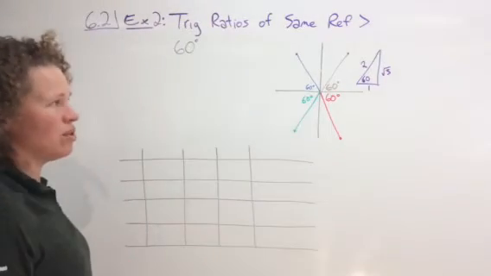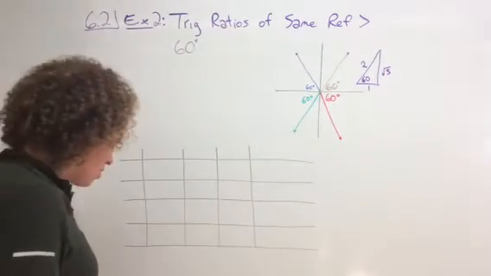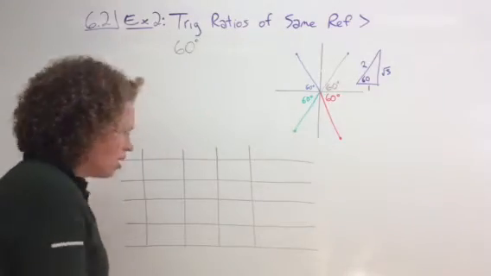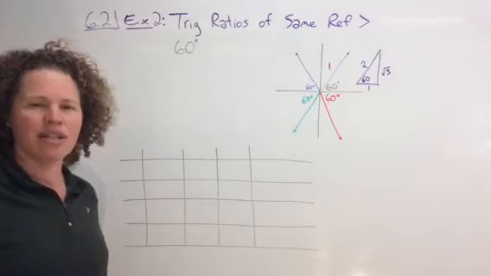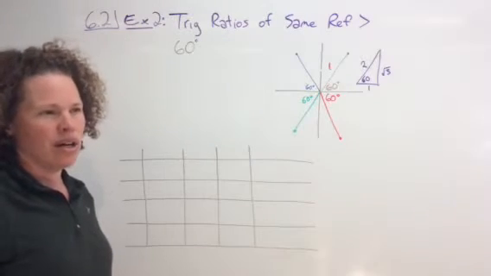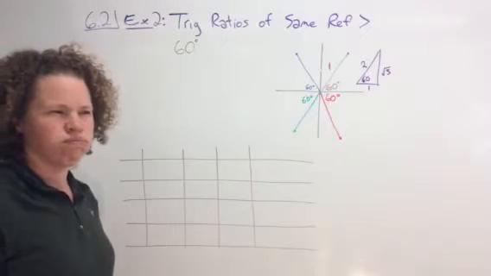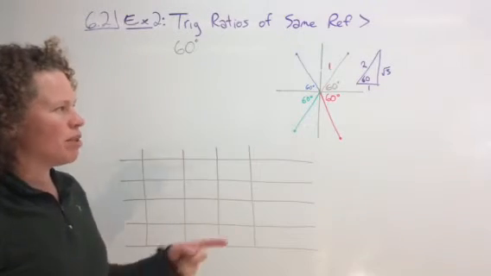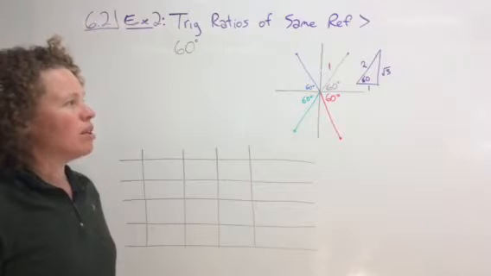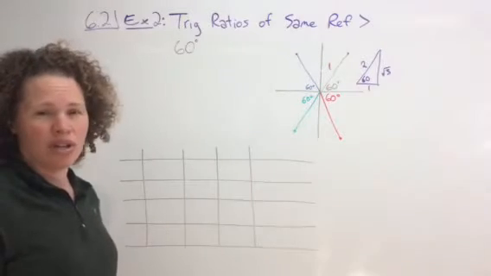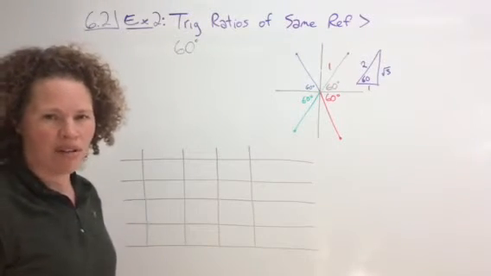What your book wants you to do for this one is to decide that this is 1. We're just going to use a radius of 1. It sounds really simple, but it kind of sucks because we already know what it would be for 2. What we can do though, because they're going to be similar triangles, is just cut all those values in half.